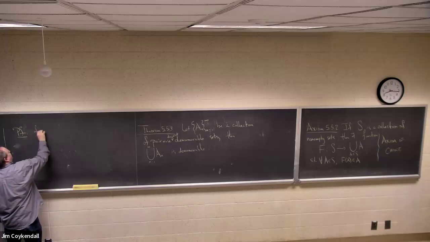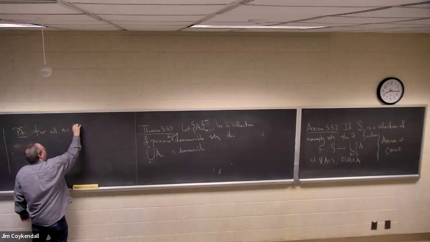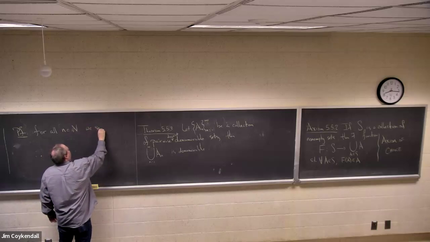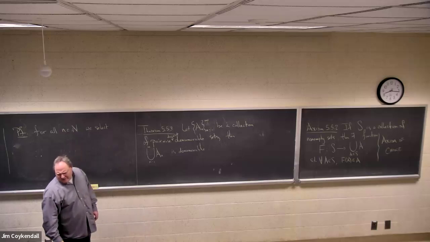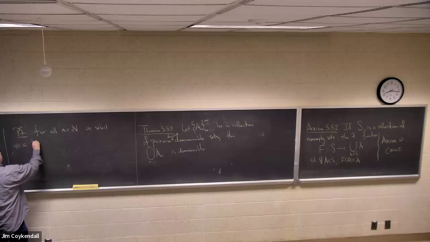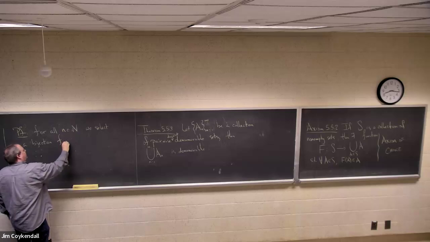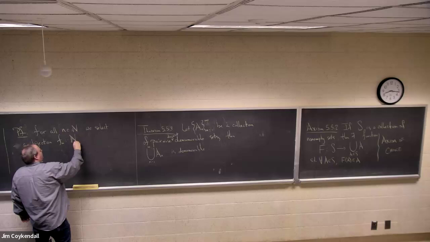So for all n in the natural numbers, we select a bijection f_n from the natural numbers to A_n.